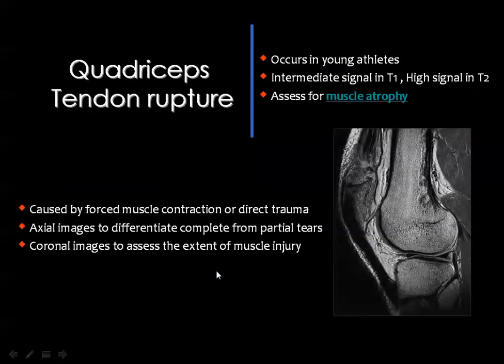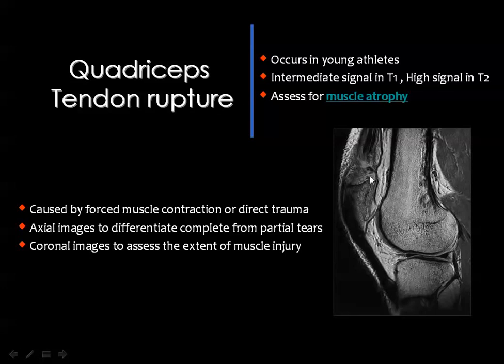Then injuries of the tendon may be in the form of complete rupture or partial tear. The complete rupture usually affects the tendon near its patellar attachment, and it usually occurs in young athletes.